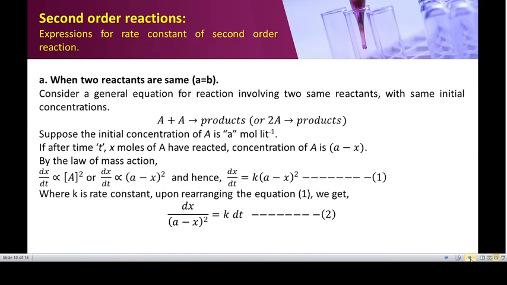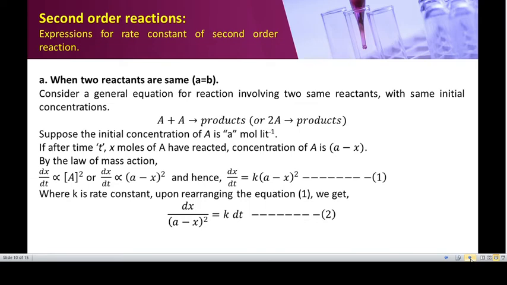Now let us discuss the expressions for rate constant of second order reaction. There are two types of second order reaction: one where the two reactants are the same, and the other where the two reactants are different.